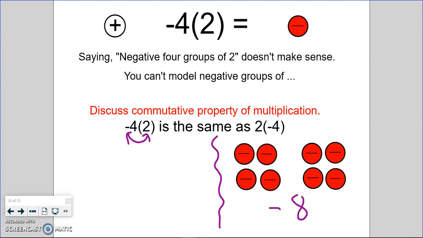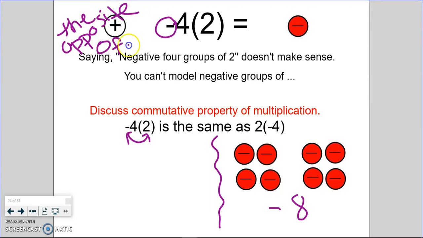Now the other way is to think about that negative sign that's in front of the 4 at the beginning, and that meaning the opposite of. So the opposite of 4 groups of 2.